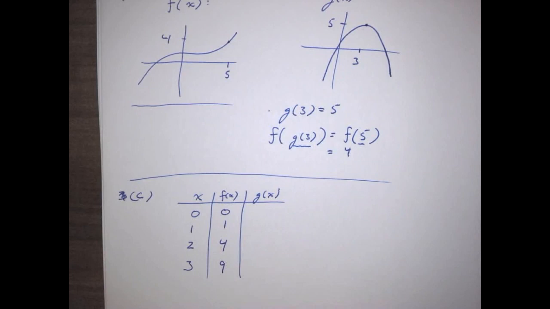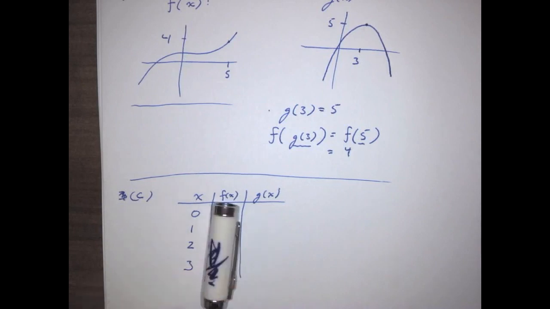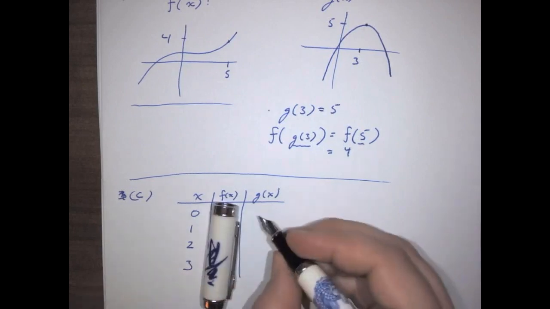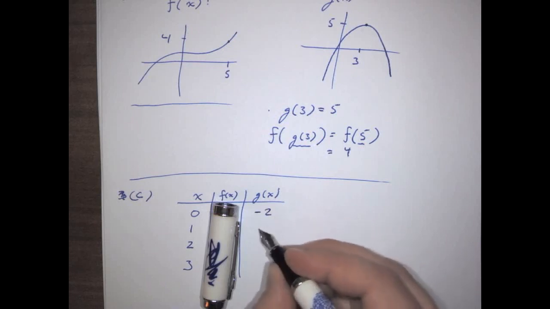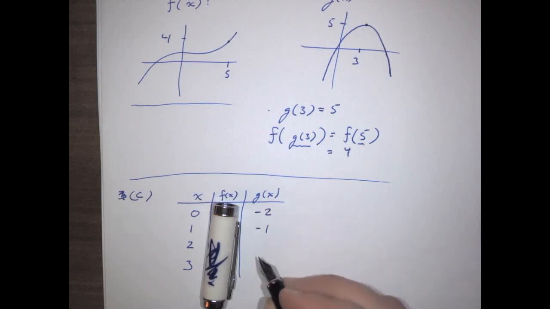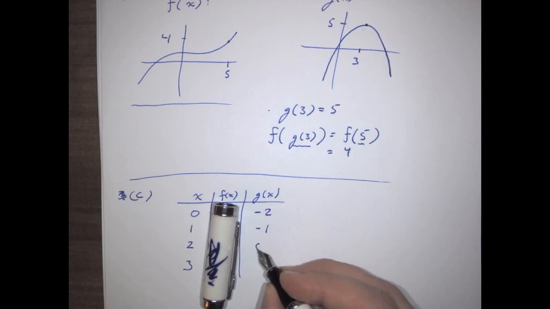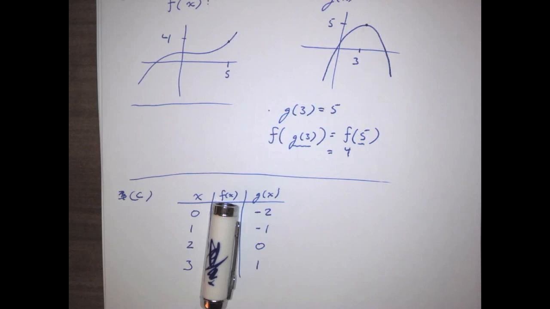So you can see what's going on there. They're each getting squared from the x values. And now, ignore those f values for the time being, and let's say the g values are going to equal -2, -1, 0, and 1. Okay, so we have now our values for the g.